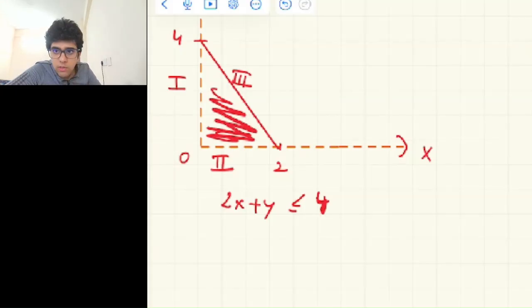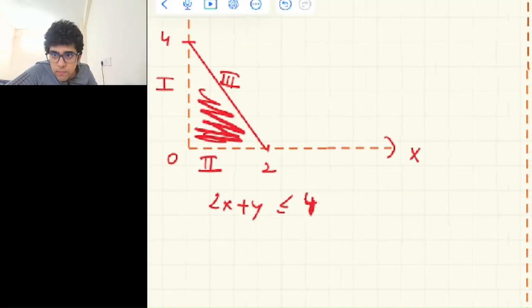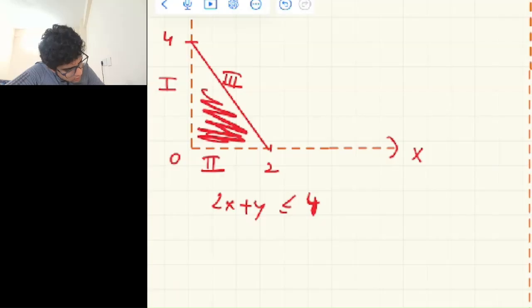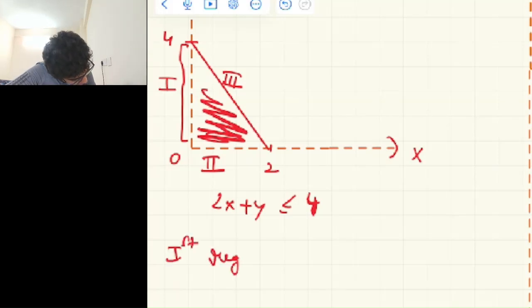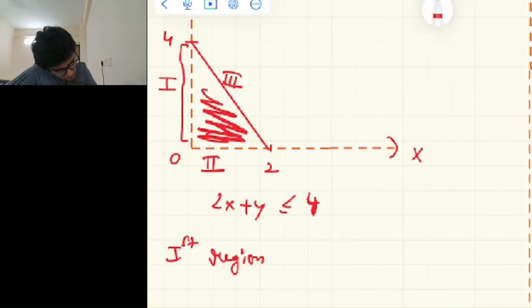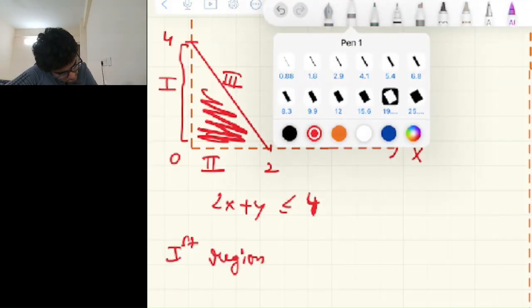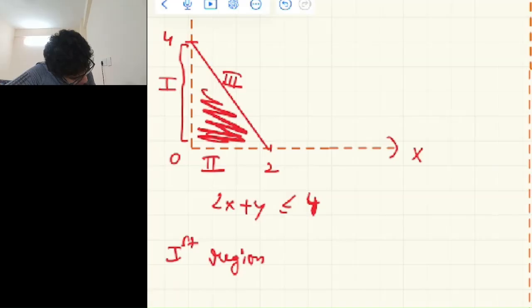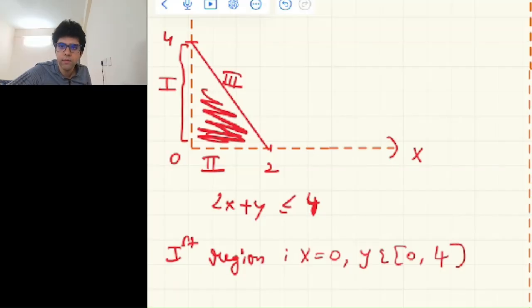This first region is where x is permanently 0, because these are all the points that lie on the y-axis. So first region, x is 0 and y lies between 0 and 4, right?